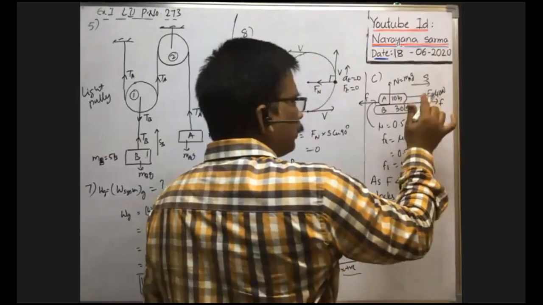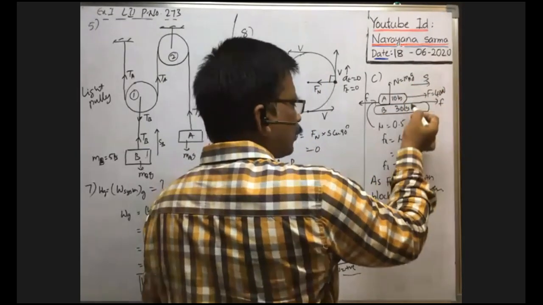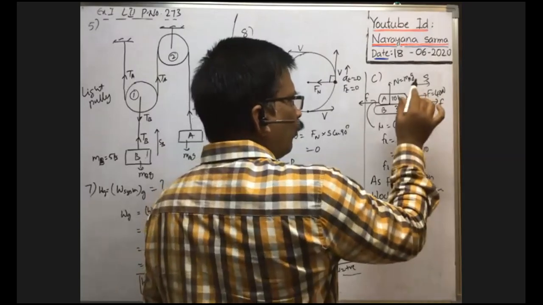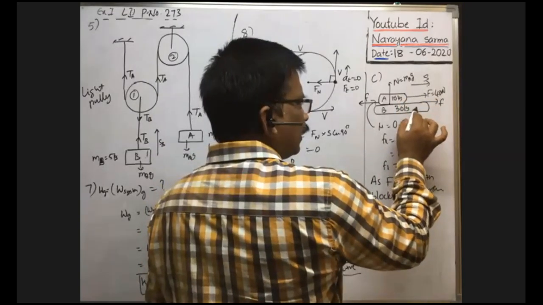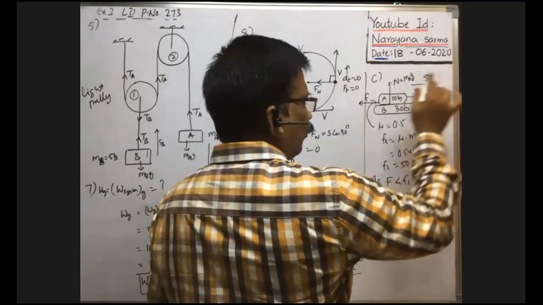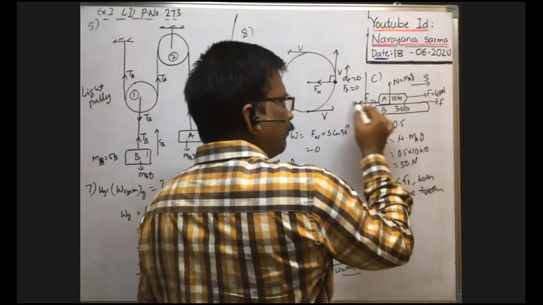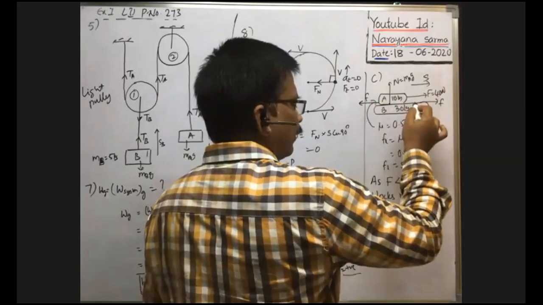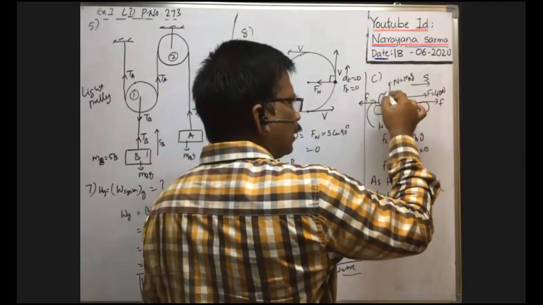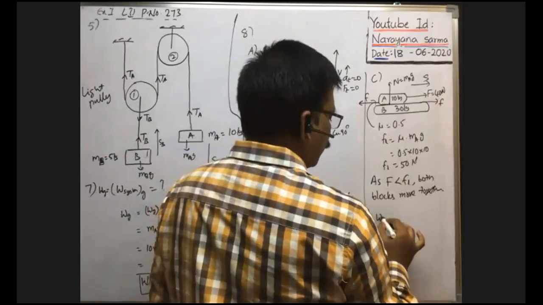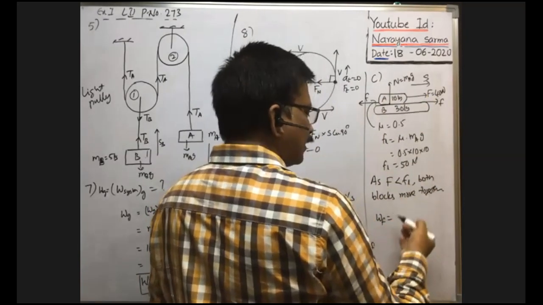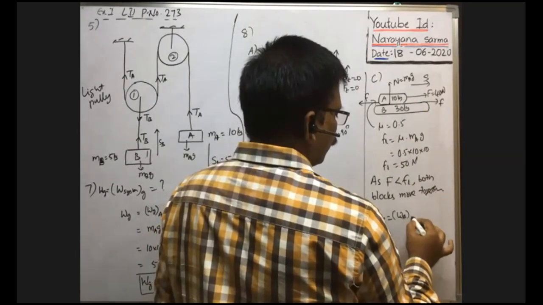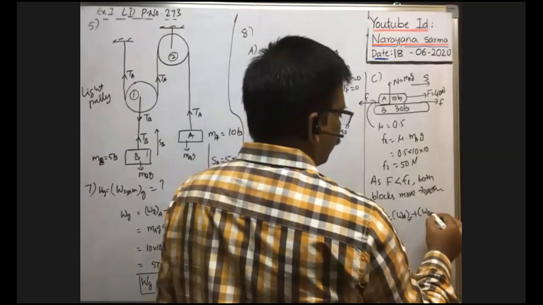Suppose after some time the displacement of this block is S, then the displacement of this block is also S, because both move together. That's why work done by friction on this block is F into S, and on the upper block it is opposite. That's why F S cos 180 means minus F S. So net work done by friction on the two blocks, or on the system, is equal to work done on block A by friction plus work done on block B by friction.